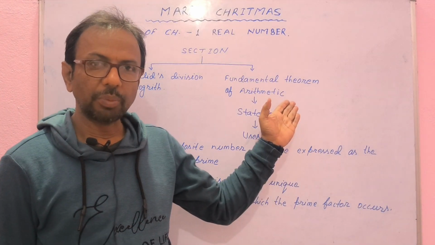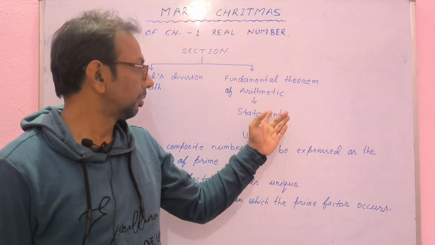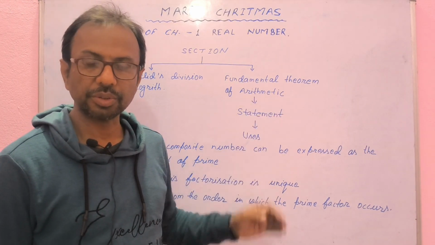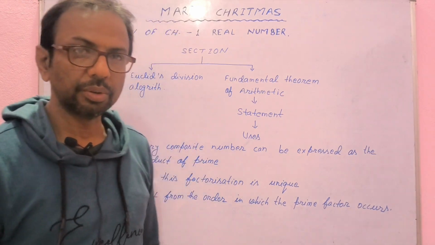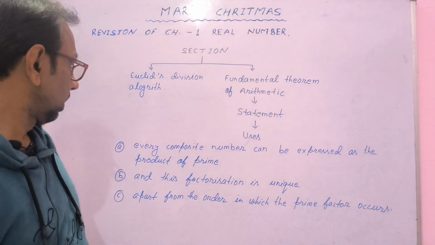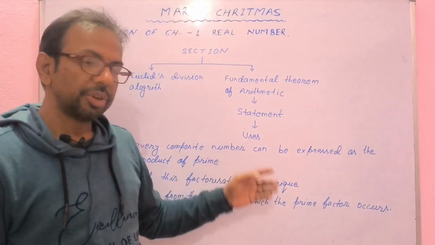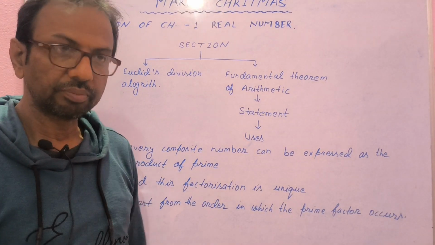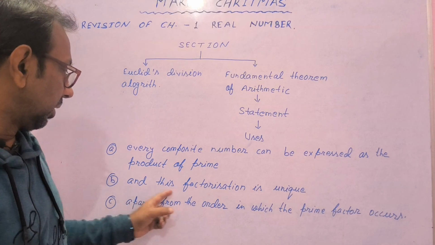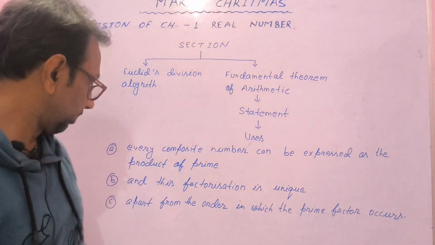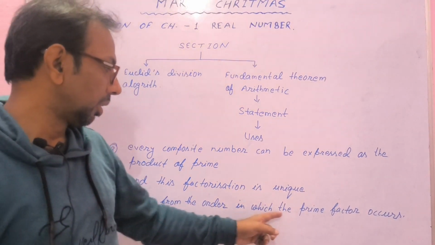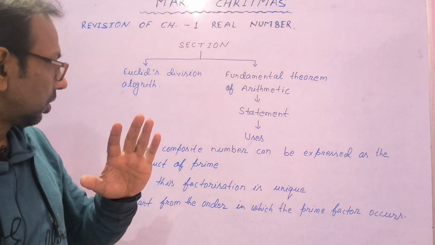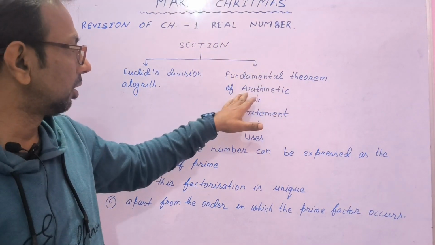This fundamental theorem of arithmetic is classified into two: first is the statement, second is its uses. In the statement, as you know, in NCERT: every composite number can be expressed as the product of primes, and this factorization is unique apart from the order in which the prime factors occur.